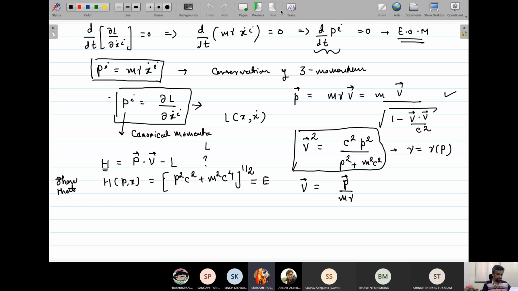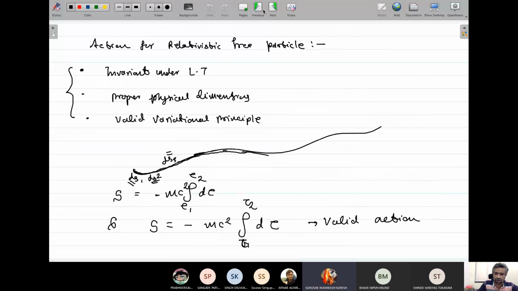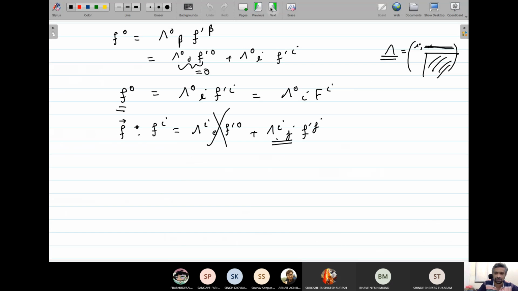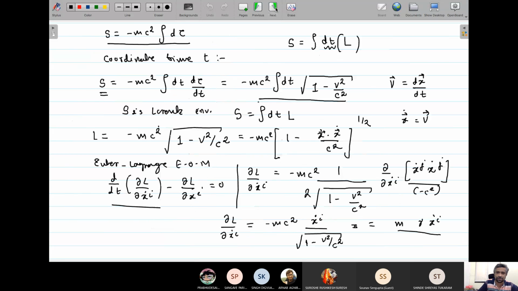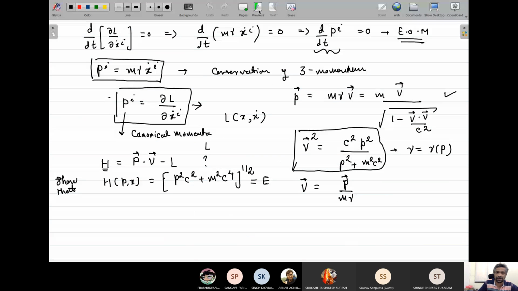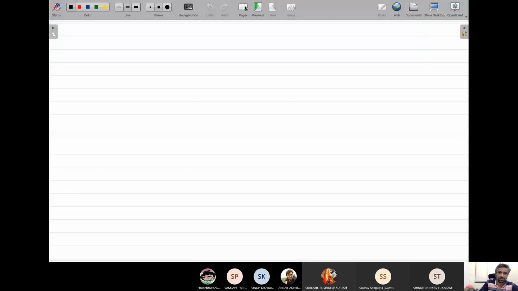The four-momentum of a photon, how to calculate it? For the four-momentum of a photon, or for any massless particle for that matter, you basically use this relation. What does this relation tell you? You consider p mu p mu equal to m square c square.